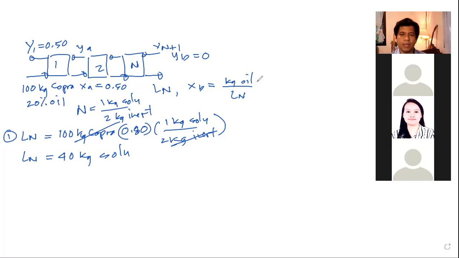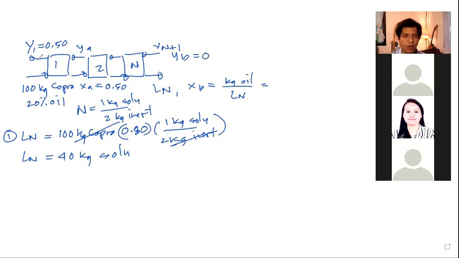You can now calculate X sub B. Kasi sabi sa problem, merong given na rate ng extraction. Wala pala. Okay, mamaya na. So ito muna.